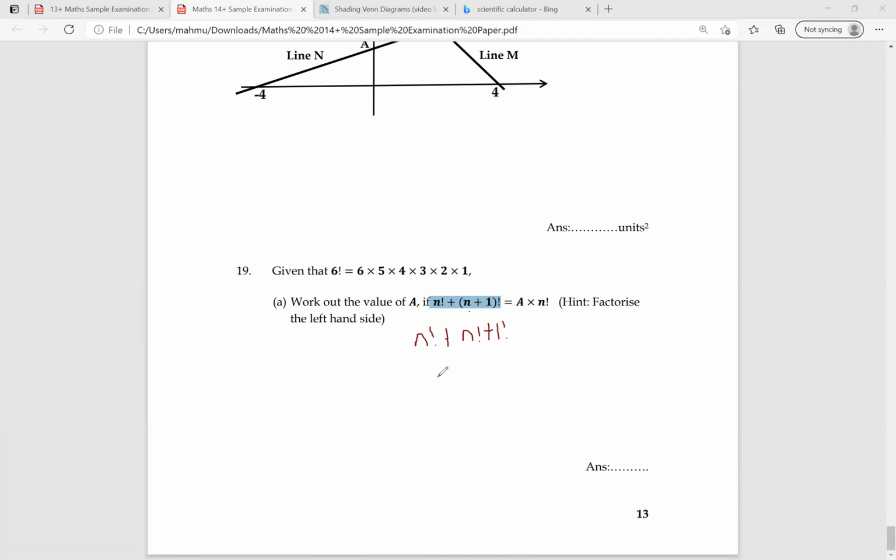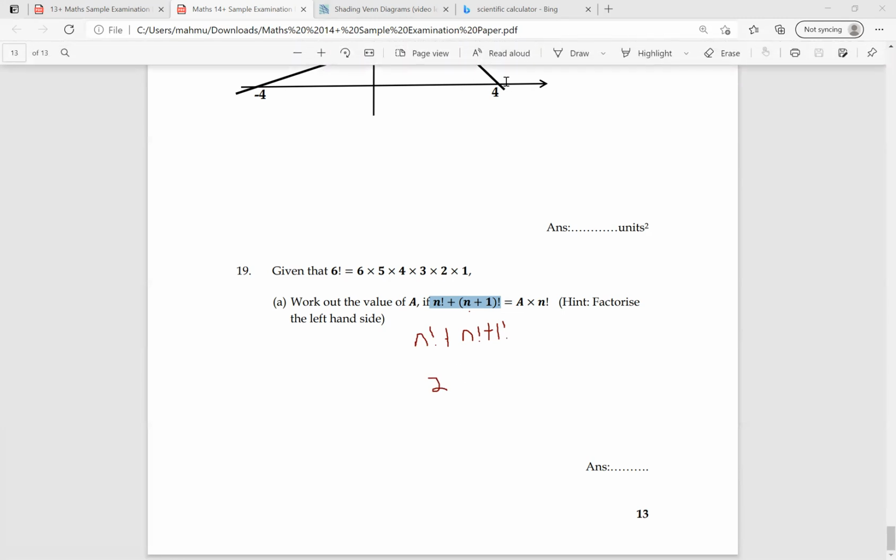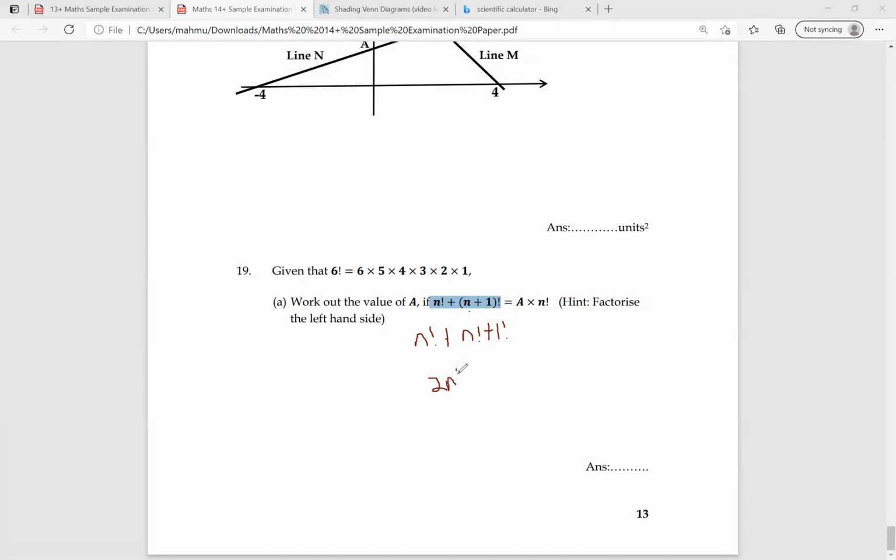So this part will be 2ni plus 1. 1 times this is already 1. So that will give me ni, right?